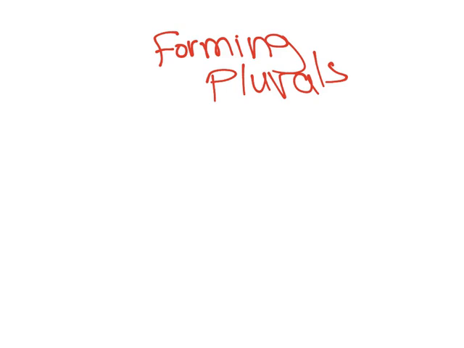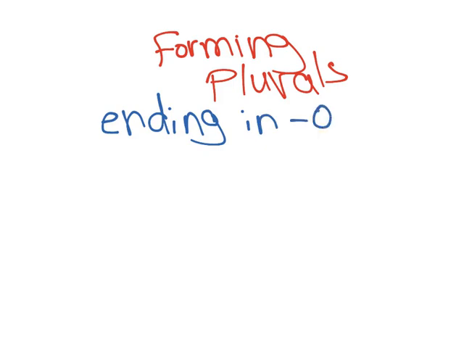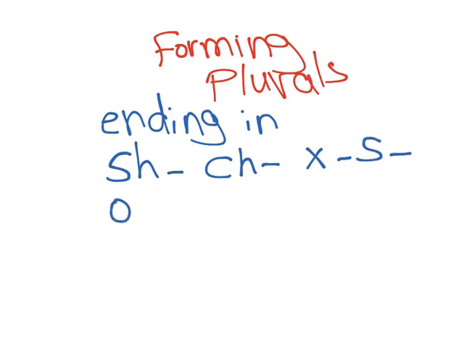This rule says if the word, okay, the endings of the word are O, X, ending in, I don't have much space, SH, CH, X, S, O, or Z. If I have any word that ends in such letters, SH, CH, X, SS, of course, O or Z, then I'm going to add ES.